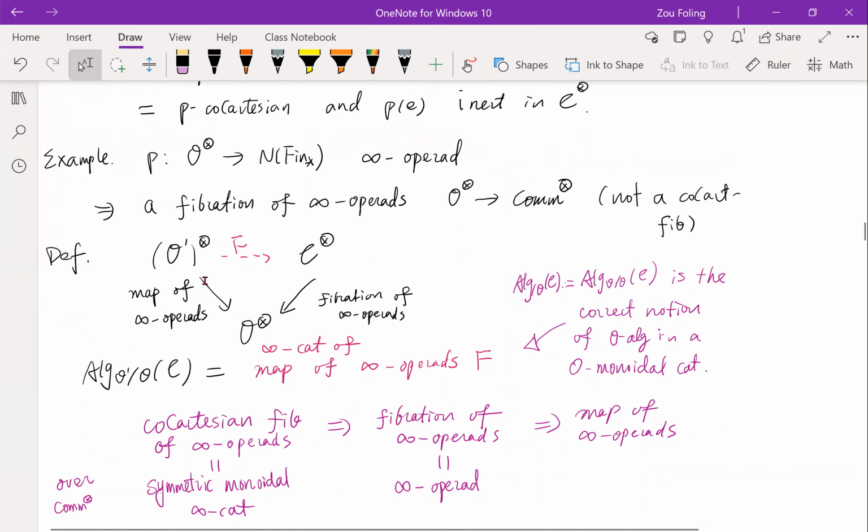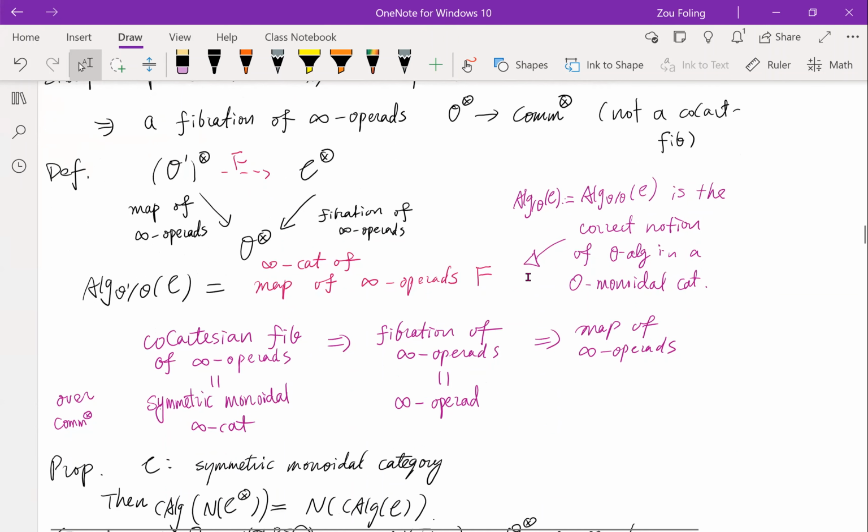So when they are both nerve of thin star, this is just commutative algebras in C. Right, and now we want to generalize commutative algebras in a symmetric monoidal category to O algebras in an O monoidal category. So we had better have O both in C and above and below.